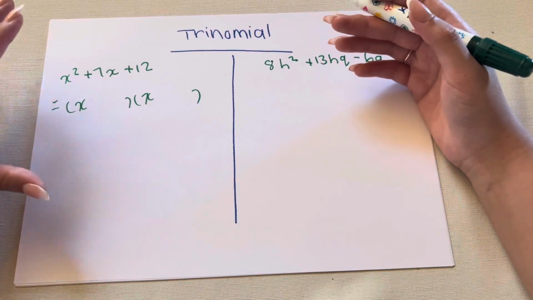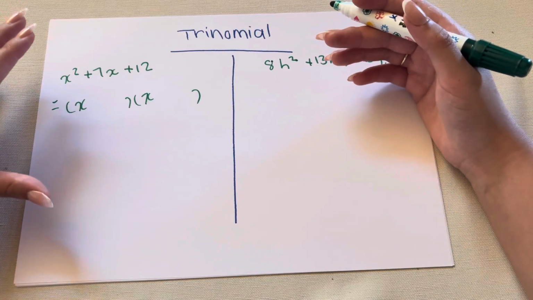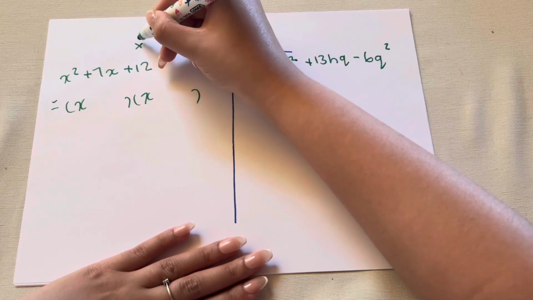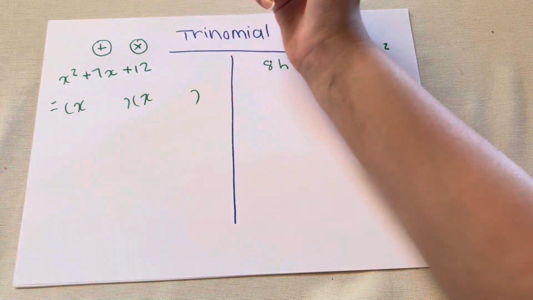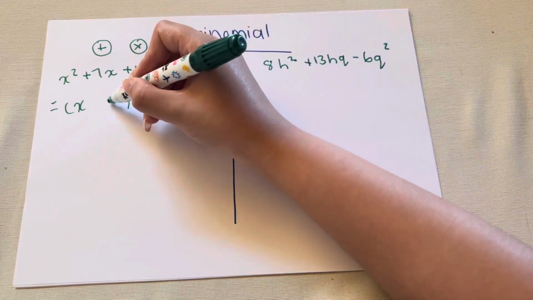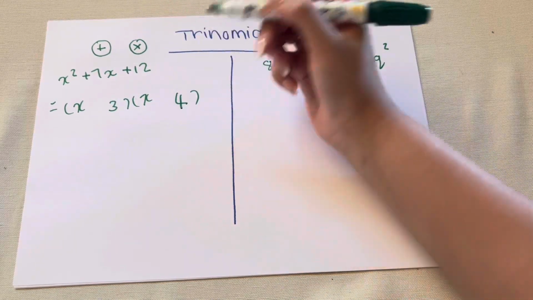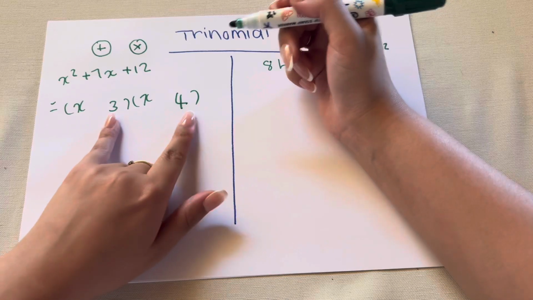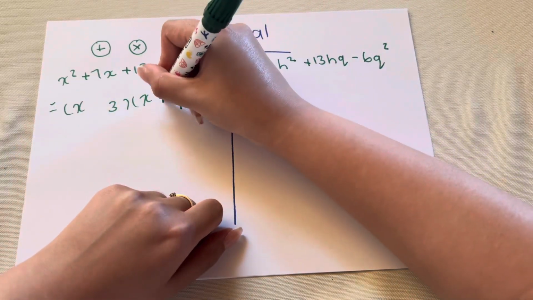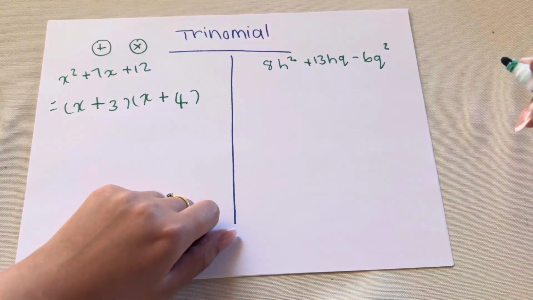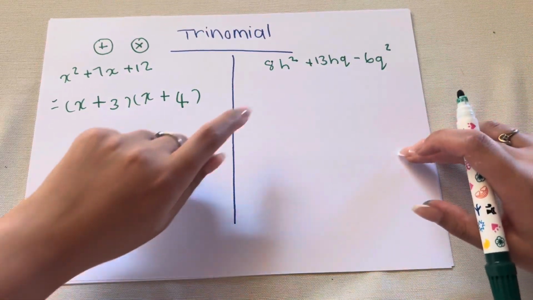And now we need to establish a pair of numbers which will give me a product of 12 but a summation of 7. So the numbers here would be 3 and 4. Because 3 times 4 is 12, but when we add them, it's 7. In both instances, it's a plus, so both of them are going to be plus constants.